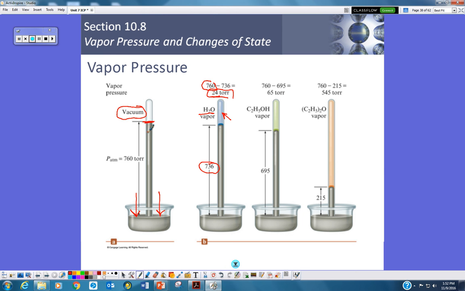There's a little bit of pressure to prevent it from rising here. This one has a weaker polar bond, so the IMFs here are going to drop it a little bit more, so we get 760 minus 695, which gives us 65 torr.